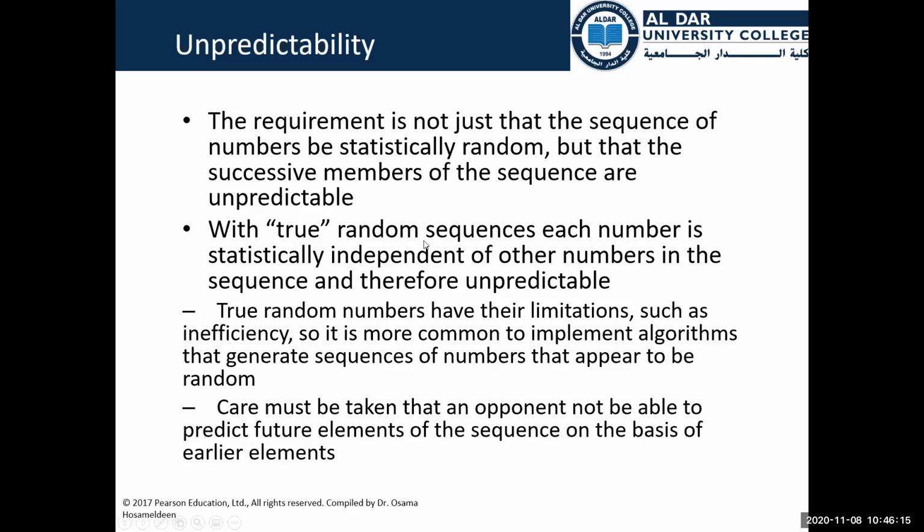And with a true random sequence, each number is statistically independent of other numbers in the sequence and therefore unpredictable. And the word true here means that nobody can guess the next bit. I have a bit stream, and I'm creating the next bit.